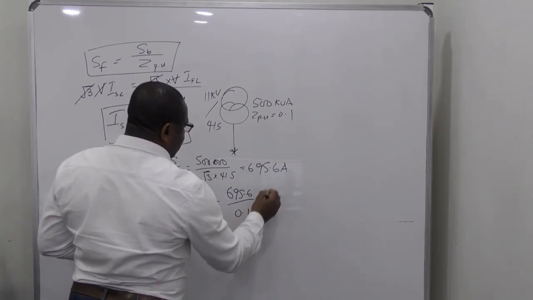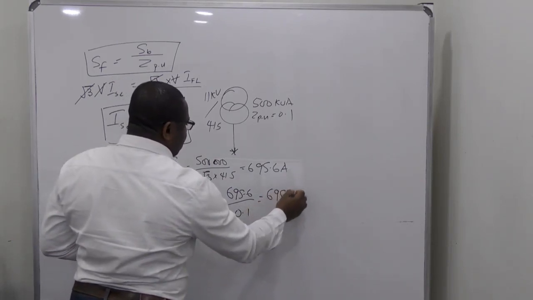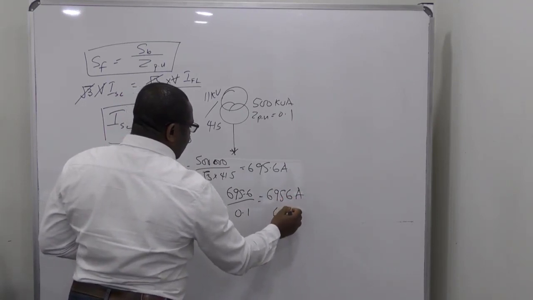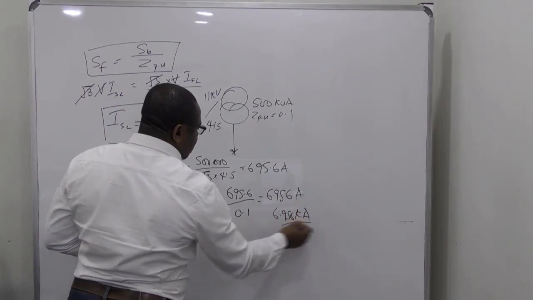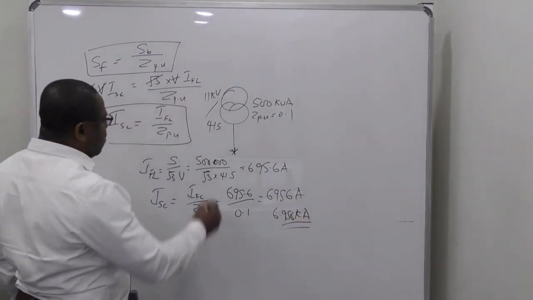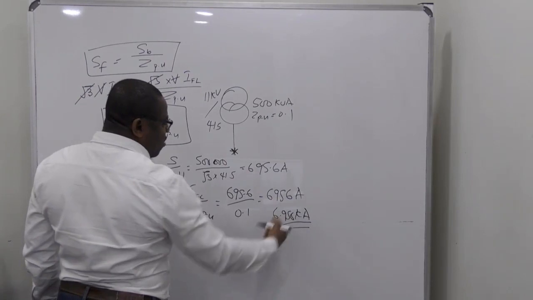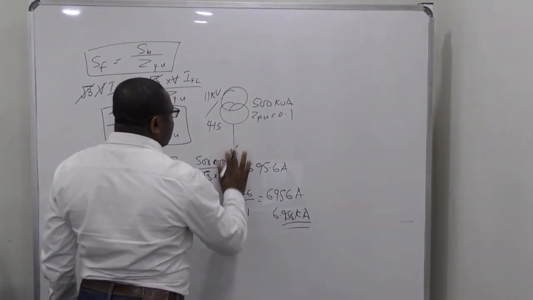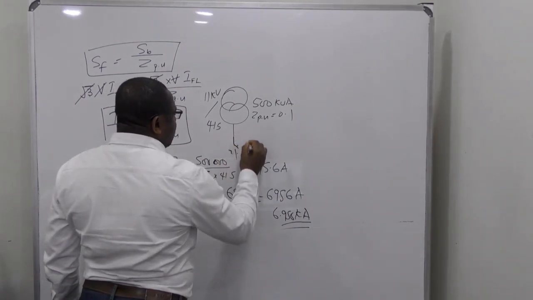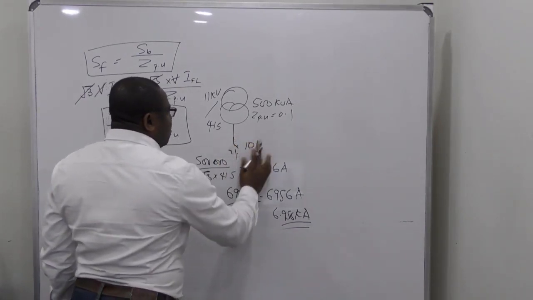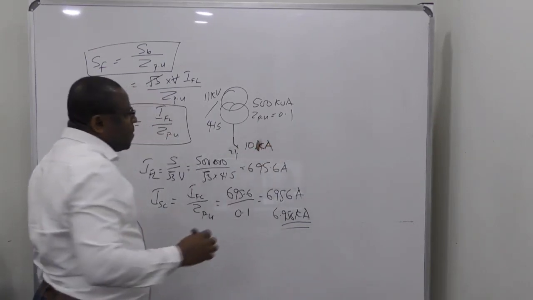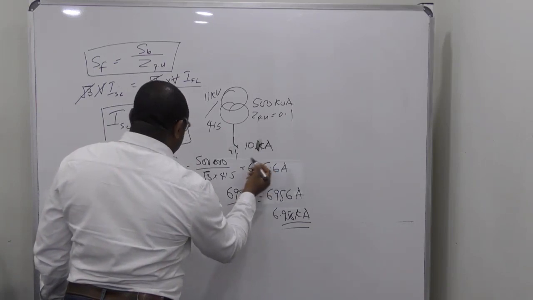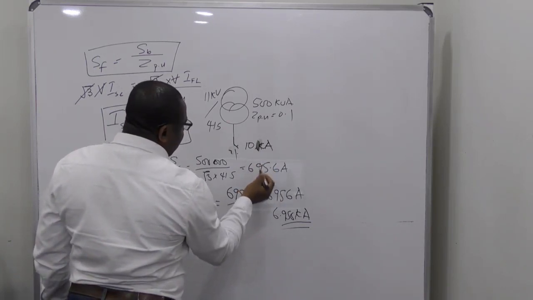Which will give you 6956 amps. That is 6.956 kilo amps. All right, so the switchgear you are going to put here should be rated more than 6.95 kilo amps. So I can put a 10 kA, let's say I have a breaker here to be a 10 kilo amps circuit breaker. Remember, if you want to know the rating, remember here the nominal rating or full load rating is 695.